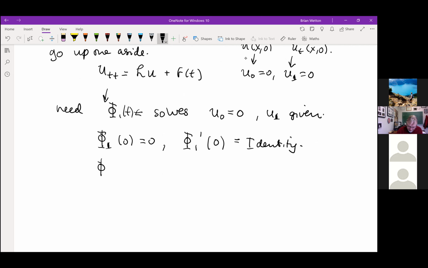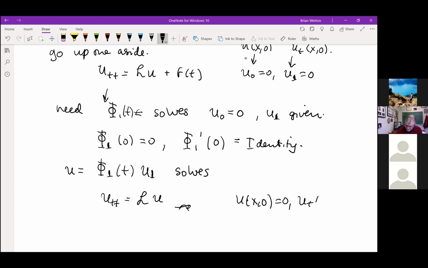And phi 1 of t times u1 solves u_tt is L u, homogeneous, with u at time 0 equals 0, u time derivative at time 0 equal to u1.